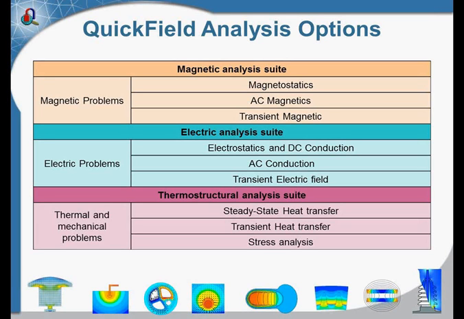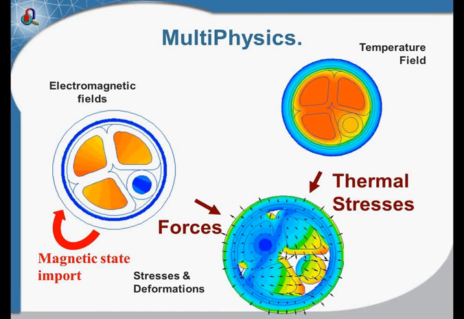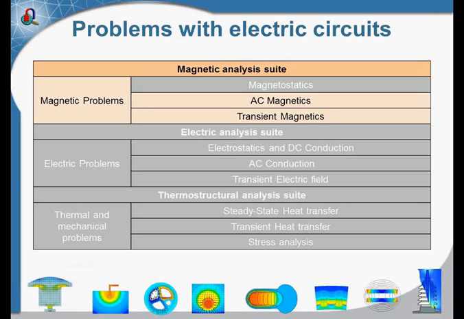Many of these types of analysis may be coupled, and you may first calculate the electromagnetic fields and then transfer the Joule heat sources for further thermal analysis, or use magnetic forces as loads in the stress analysis. And two of these formulations, AC and transient magnetics, support combination of the field problem with connected electric circuit.